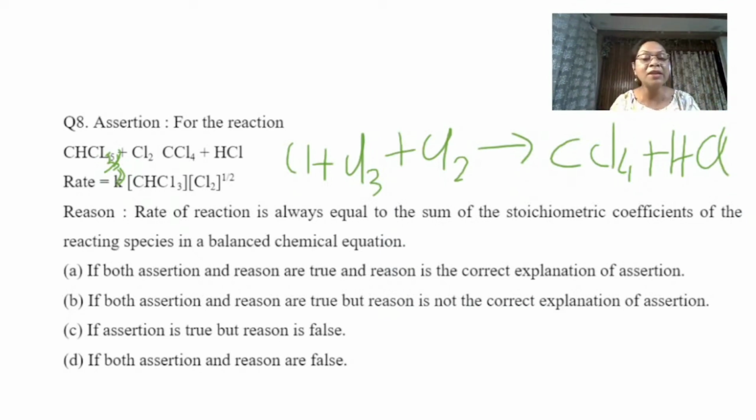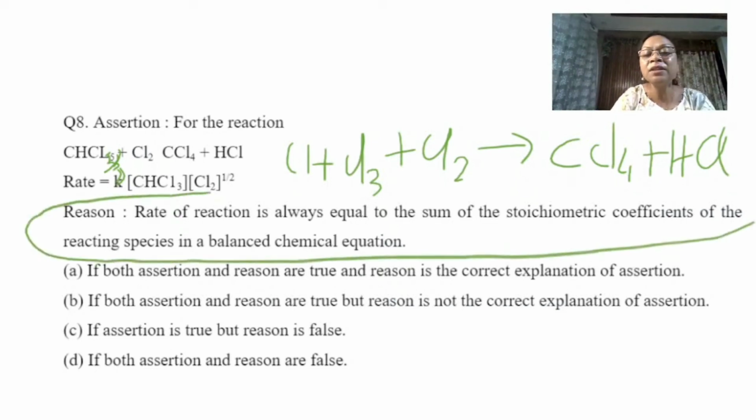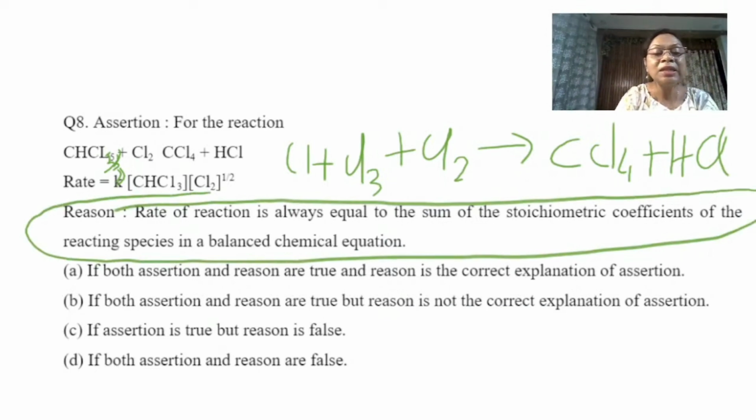So the rate of a reaction is always equal to the sum of the stoichiometric coefficients. This is again an incorrect assertion which I have already given in my MCQ. So this is incorrect. So the option is C. I have repeated it so that you can remember the statement again and again and remind yourself about it. Good. Go to the next one.